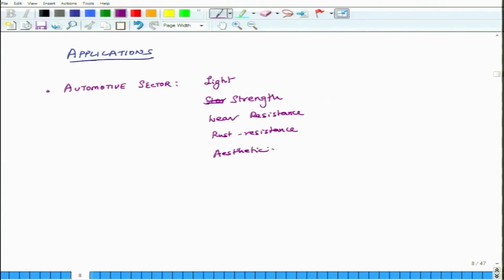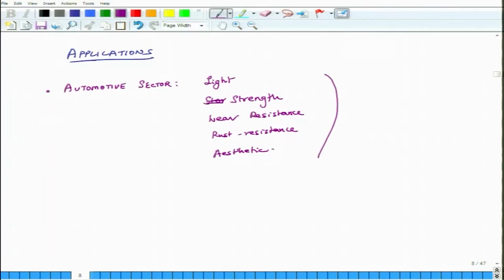For instance, a lot of times some outside skins of cars may have a Kevlar coating, because it has a yellowish brownish hue, and then you will see the fibers, so it gives a very fancy look. Or sometimes graphite fibers are used to make the skin of cars, so that it looks different and prettier.